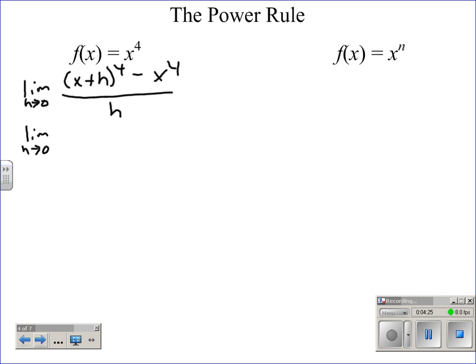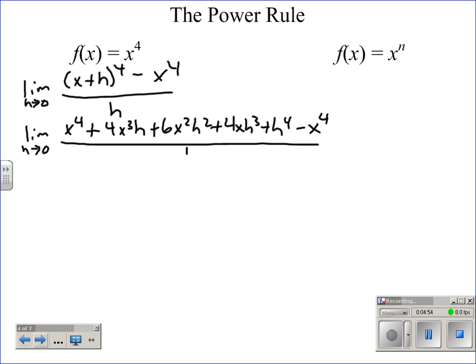Using the binomial theorem, we expand x plus h to the 4th to get x to the 4th plus 4x to the 3rd h plus 6x squared h squared plus 4xh cubed plus h to the 4th, all minus x to the 4th on top, h on the bottom.